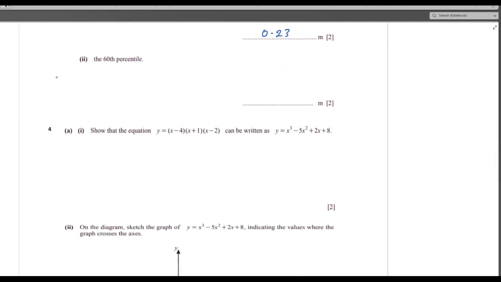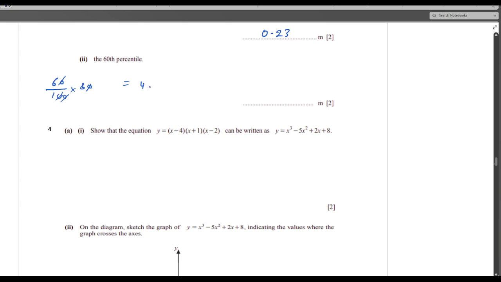Now 60th percentile means 60 divided by 100 times your total frequency, which is 80. So 60 divided by 100 times 80 is 48.